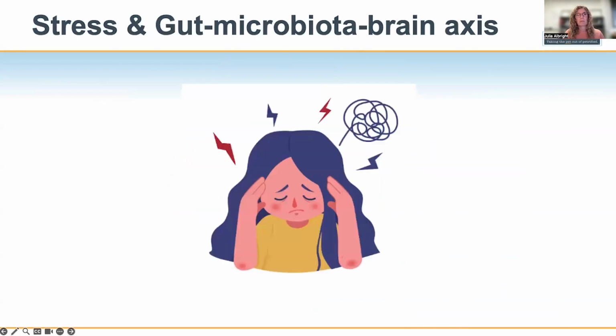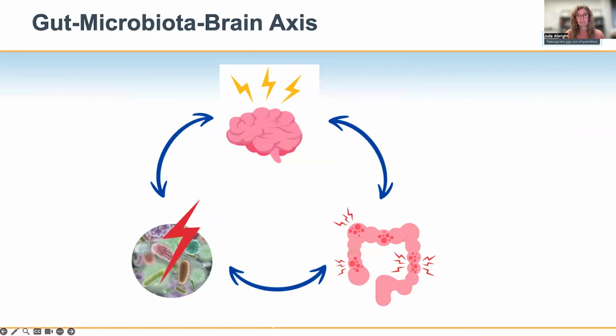So let's talk a little bit more about some negative things like stressors and how that can affect the gut microbiota brain axis. So when the animal experiences stress, there can be a negative cascade effect on the gut microbiota and systems, including the brain.